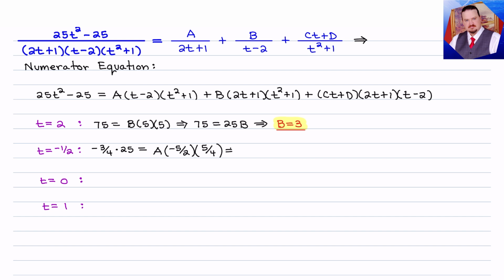So let's see what we have. We have negative 3 times 25 over 4 is equal to negative 25. That's 5 times 5. And what's 2 times 4? That's just 8.